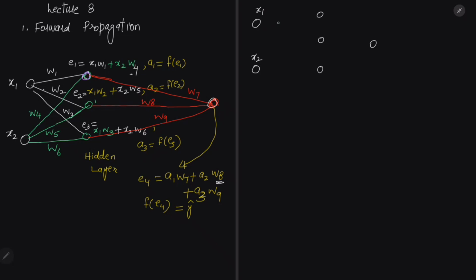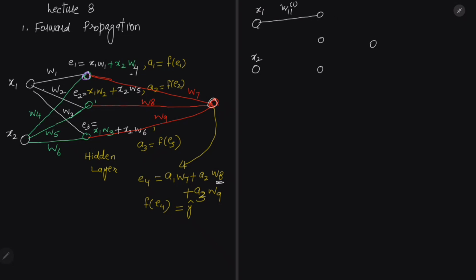If I just want to change the notation, since in future I will be working in matrices as well, if you start from x1 and reach at neuron number 1 in hidden layer, the new notation will be weight for hidden layer 1, and it is going from 1 to neuron 1. So that will be 1 1.